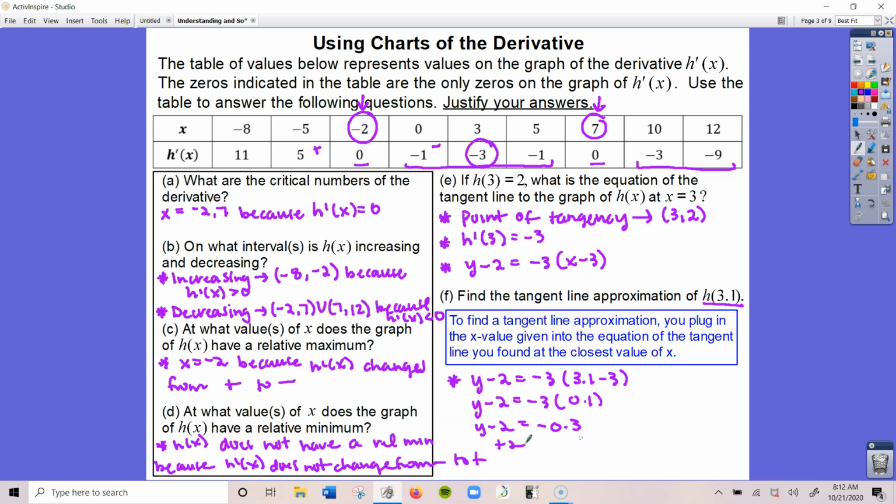And finally, I would add the 2. So y is equal to 1.7. Now this is not how I want to write my final answer. We are approximating h of 3.1. So make sure that you always answer the question in the correct format. So this is h of 3.1 is approximately 1.7.